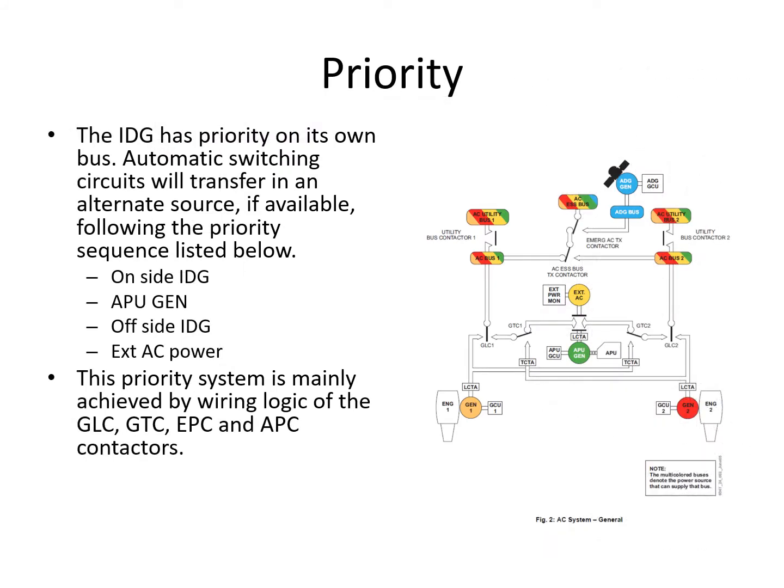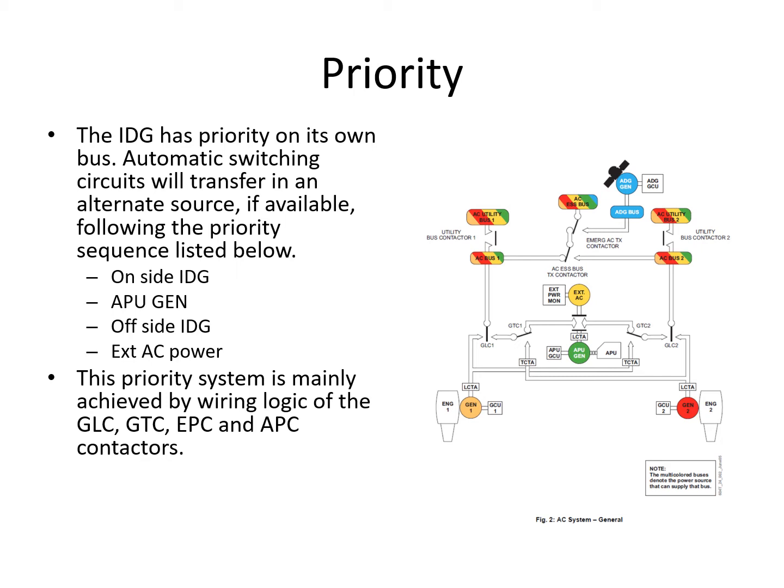The priority of the generated sources to feed power onto a certain bus bar is laid out in a certain order. So the IDG basically has priority on its own bus, and if that's not working, it will seek to find power from somewhere else in this order, which we'll go through in a sec. Automatic switching circuits will transfer to an alternate source, if applicable, following the priority sequence listed below.